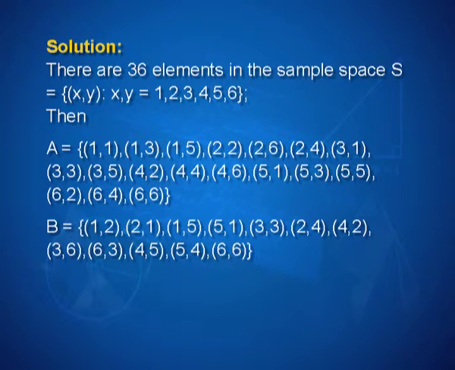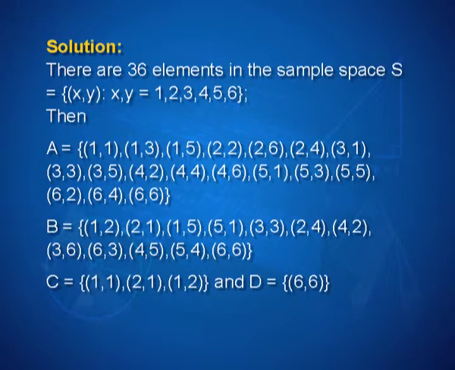And B = {(1,2), (2,1), (1,5), (5,1), (3,3), (2,4), (4,2), (3,6), (6,3), (4,5), (5,4), (6,6)}. And C = {(1,1), (2,1), (1,2)} and D = {(6,6)}.